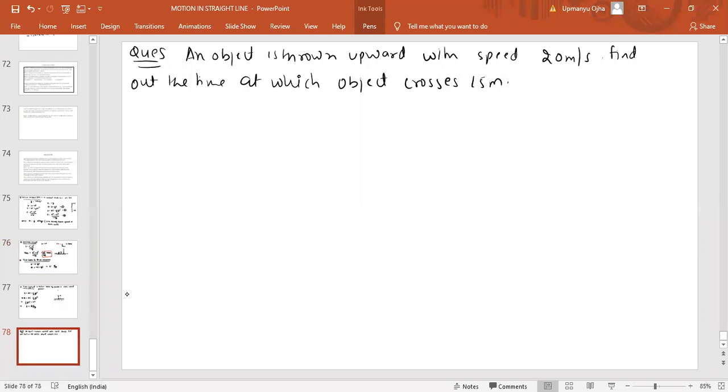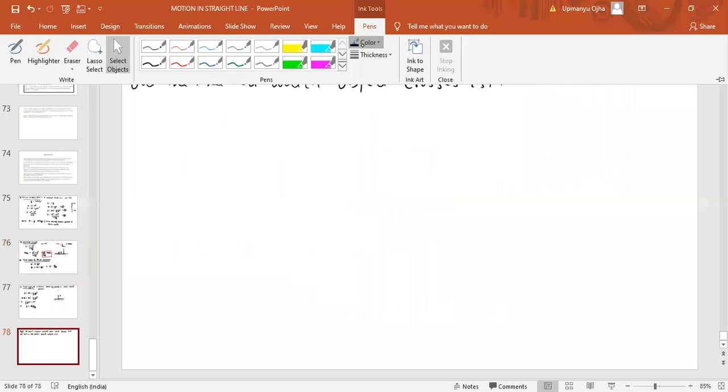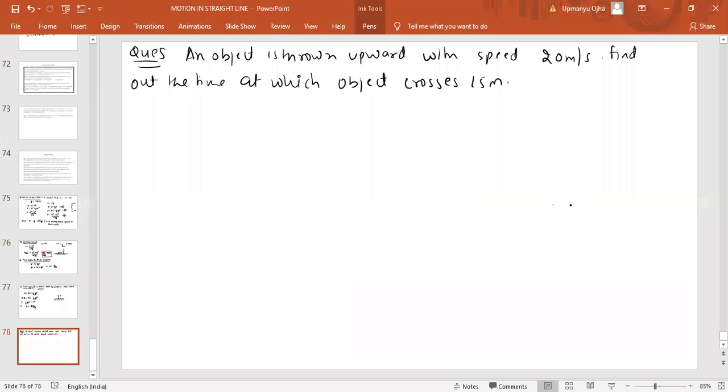If you do this problem, first of all, you have to draw the figure. That is the most important point. In the figure, the object is thrown upward with 20 meter per second, and there is a certain height, 15 meters.